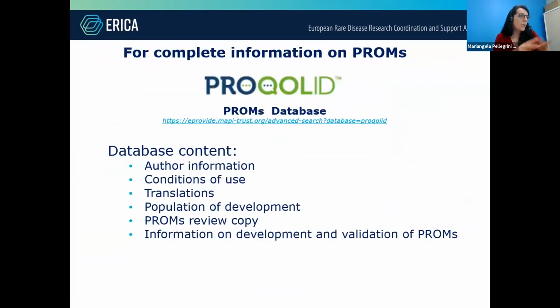Next slide, please. Once you search for the PROMs, you can see several contents appearing. You can filter the PROMs and look for your information. You have author information, the conditions of use, the translation, because we know language is one of the huge barriers when it comes to rare disease, but in general.